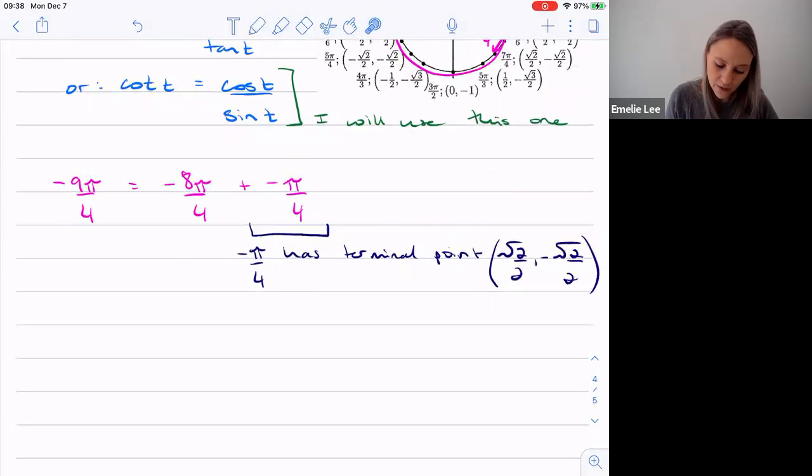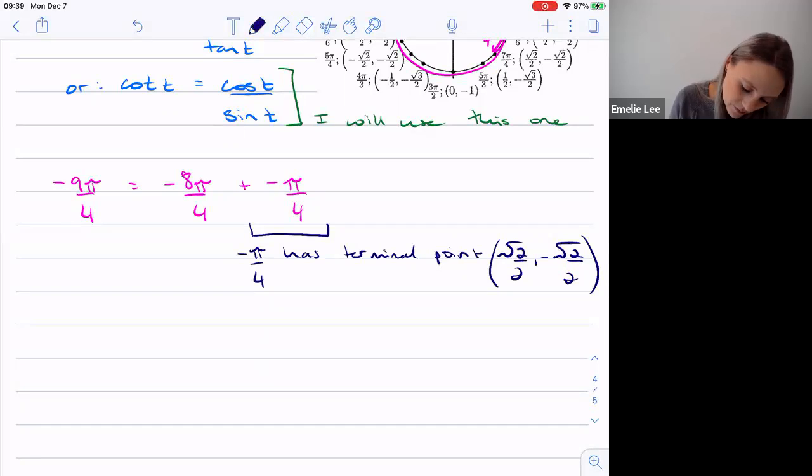So now the cosine of negative pi over 4 or negative 9 pi over 4, doesn't matter, they end up at the same place, is going to be root 2 over 2, and the sine of that angle, whichever one you prefer, is negative root 2 over 2.